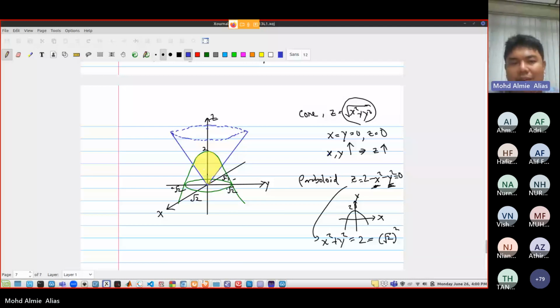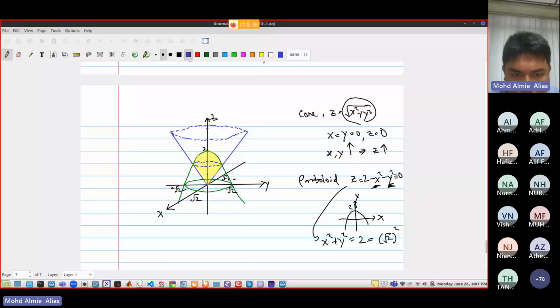Okay, it's like ice cream, right? So you have the sharp cone here, and then you have kind of a hemisphere kind of thing at the bottom, actually at the top.